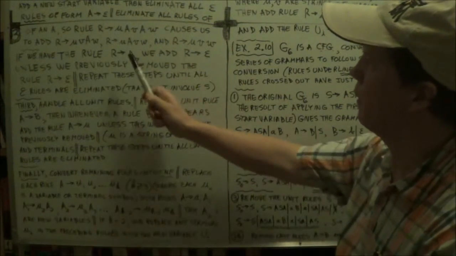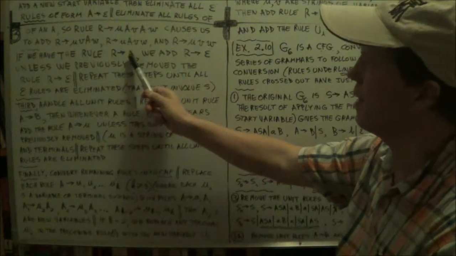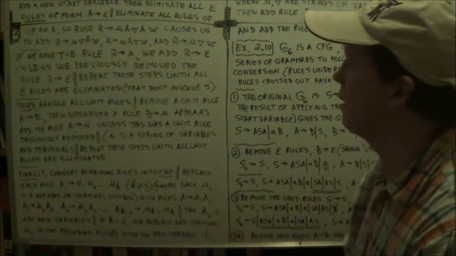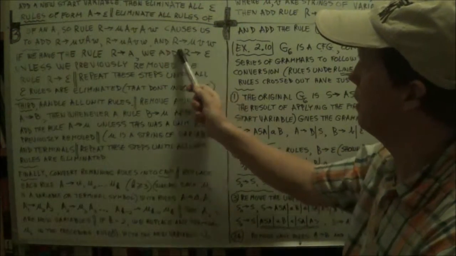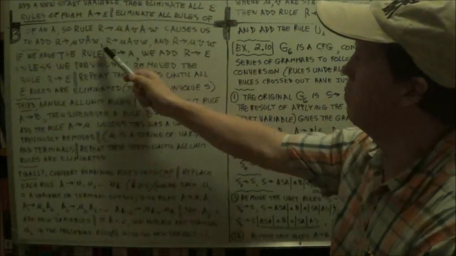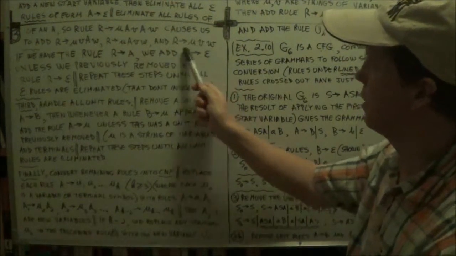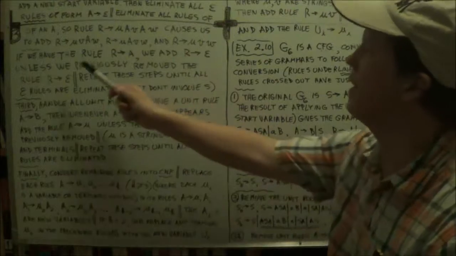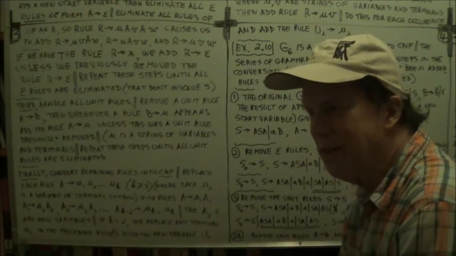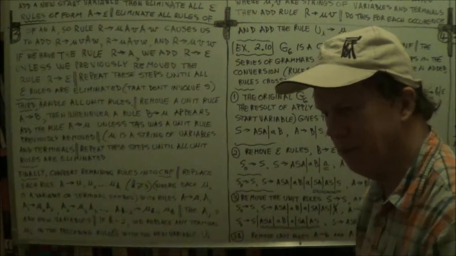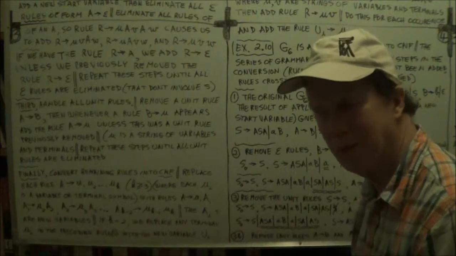Okay. Now, if you have something like this, that's it. There's just a single A on the right hand side. Then all you do is you eliminate that, and you replace it with this on the right hand side, unless you've already removed that earlier. Again, the same old question keeps arising: the justification for all these steps.